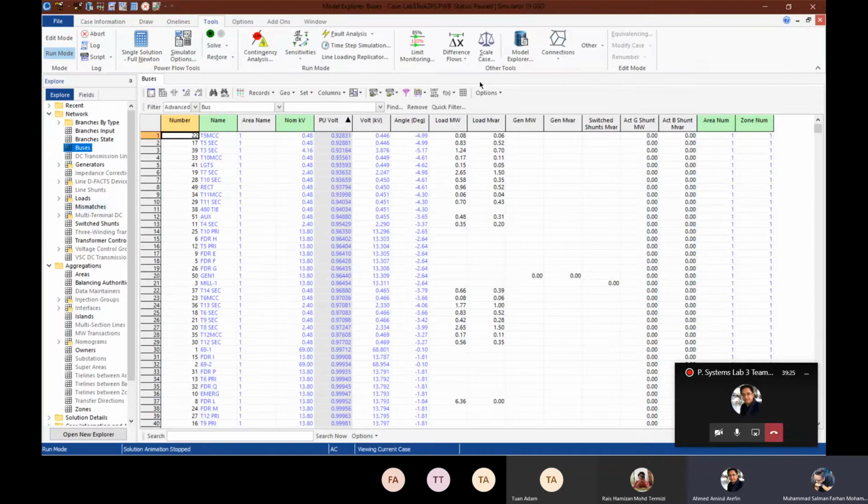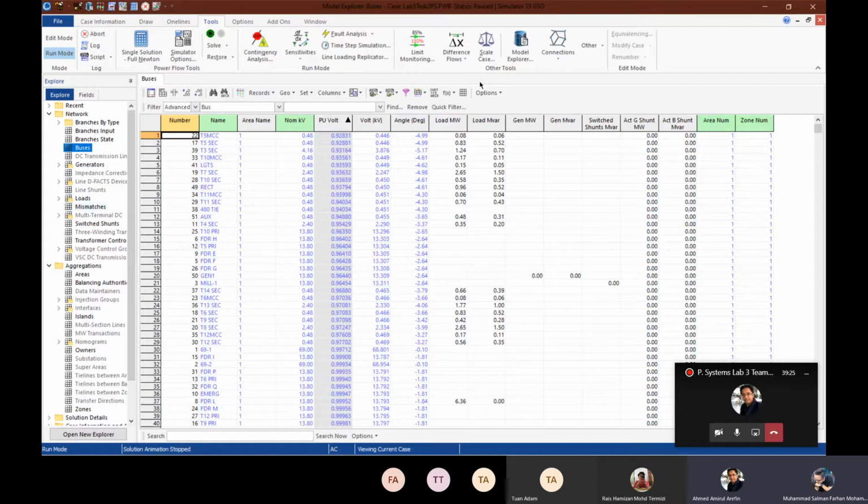So is there any bus experiencing less than 0.95? Yeah. How many? Up until here, 11.